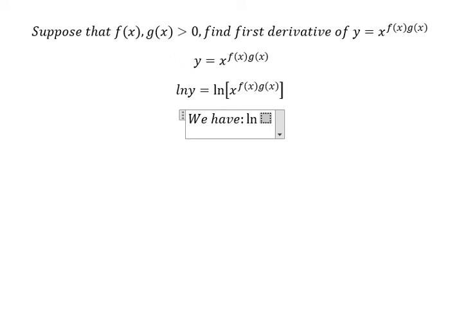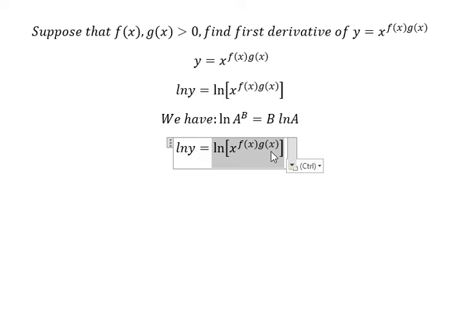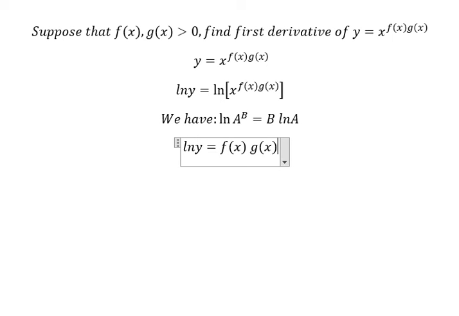That's ln of a to the power of b equals b ln a. So we apply this formula for this one. So we will have f of s multiplied by g of s ln s.